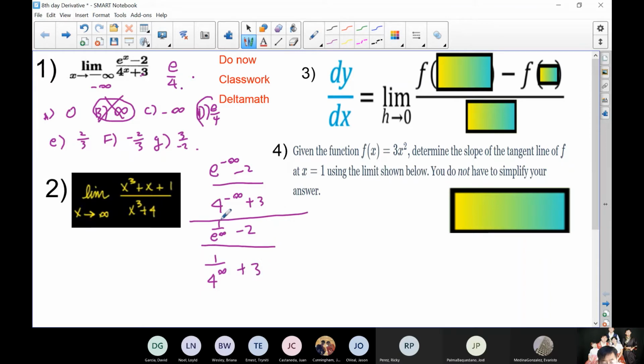What is this value? 1 over infinity means what? 1 divided by a million trillion is 0, right? So that is equal to 0 minus 2. 1 over whatever infinity is 0. So the answer is this one.